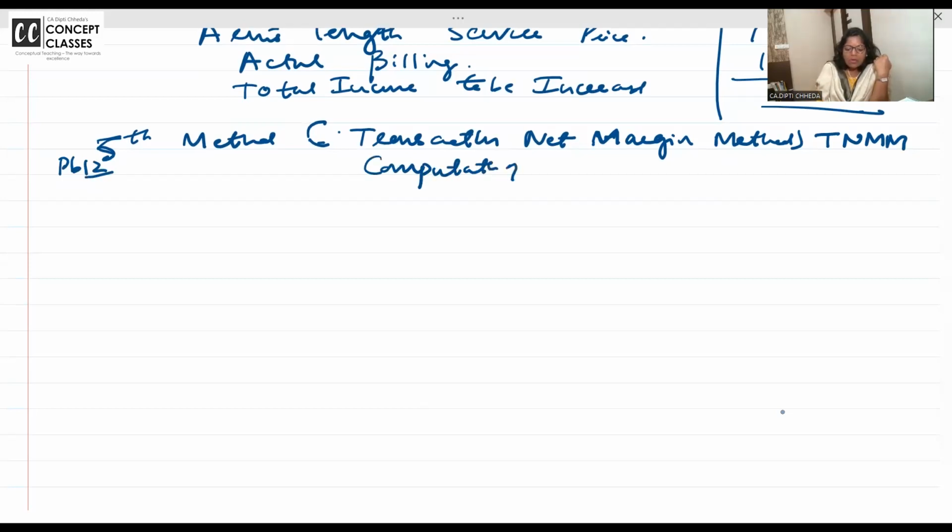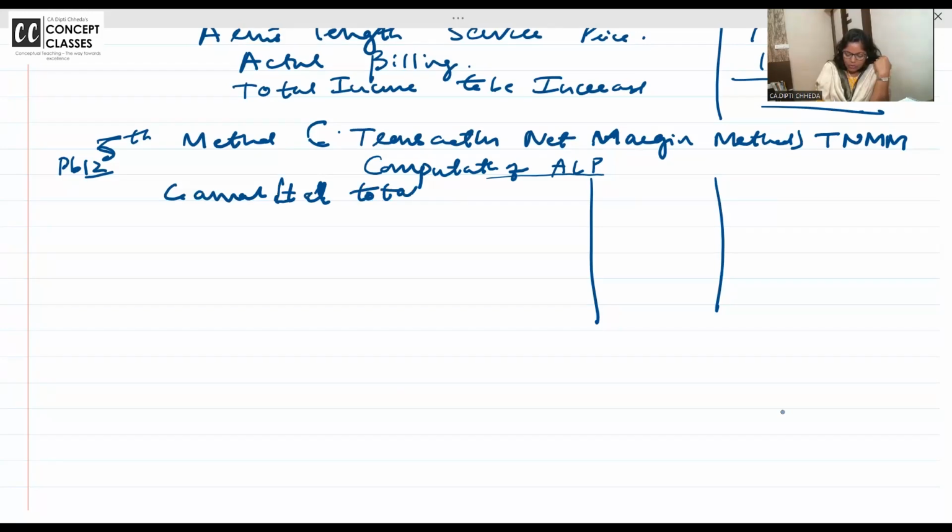Computation of arm's length price और उसके लिए arm's length profit भी. What is for others, Gamma Limited के लिए. Gamma Limited total cost.